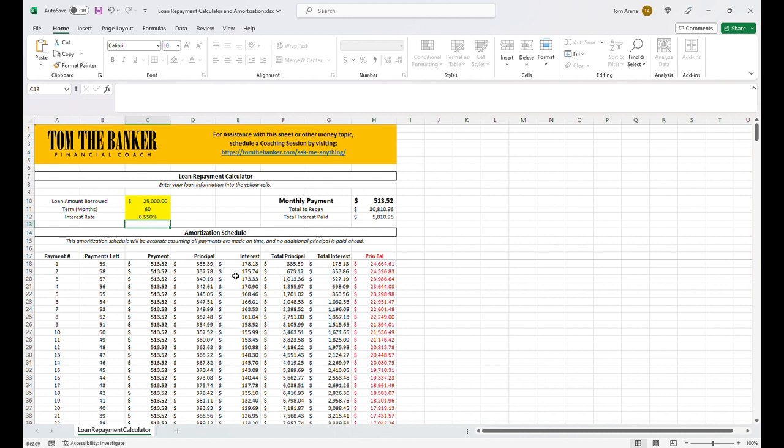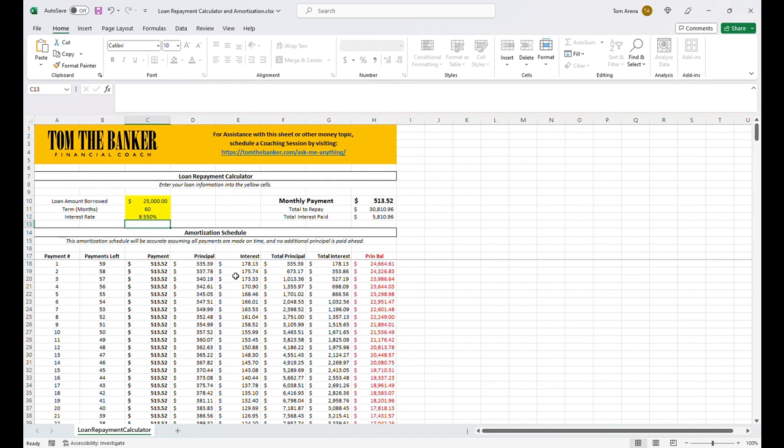So for the month you had $25,000, and your interest rate for the month would be the 8.55% divided by 12, because it's just the 1 month. They're calculating the interest based off of that total principal of $25,000. That's where the $178.13 comes from.